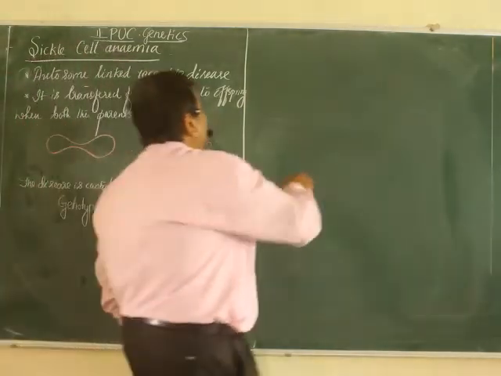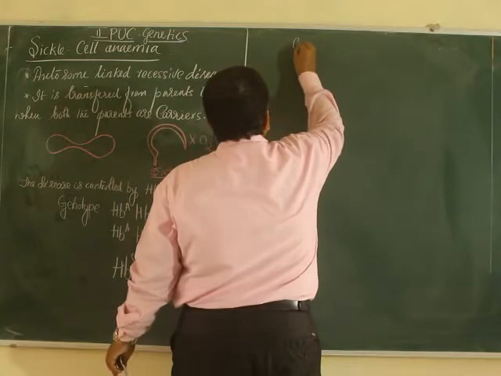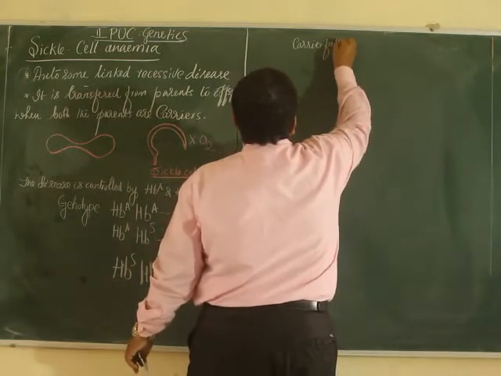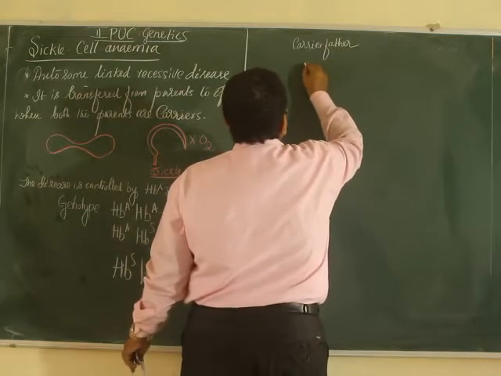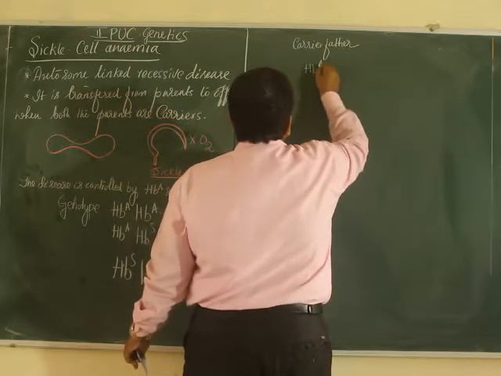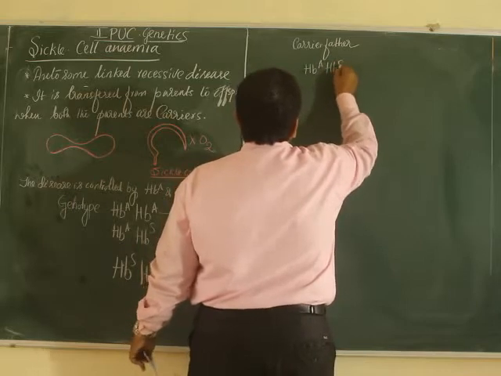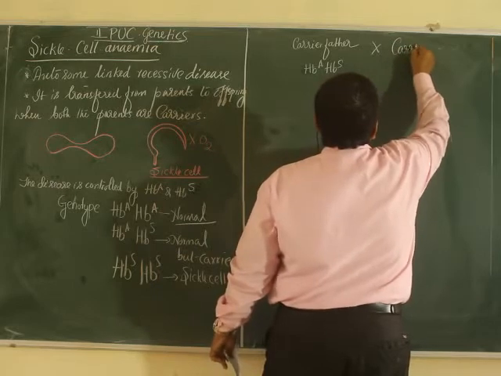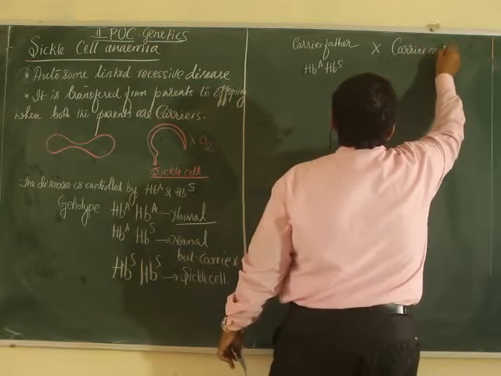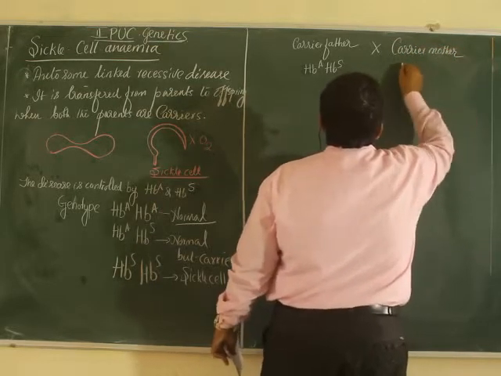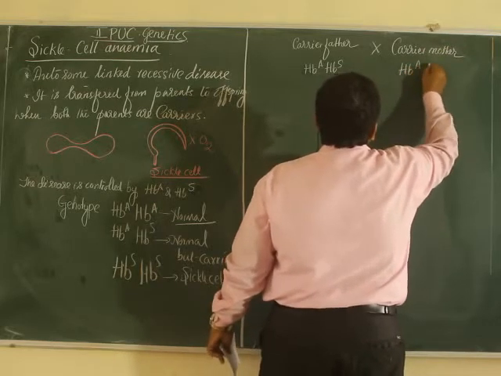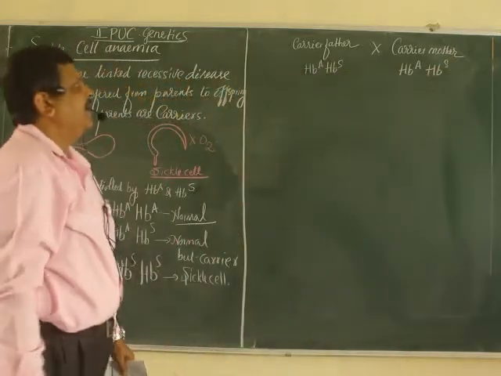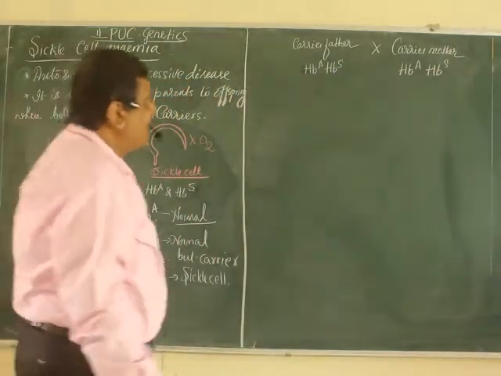I will show. Carrier father with the genotype HBA, HBS, and carrier mother HBA, HBS. Then what happens?